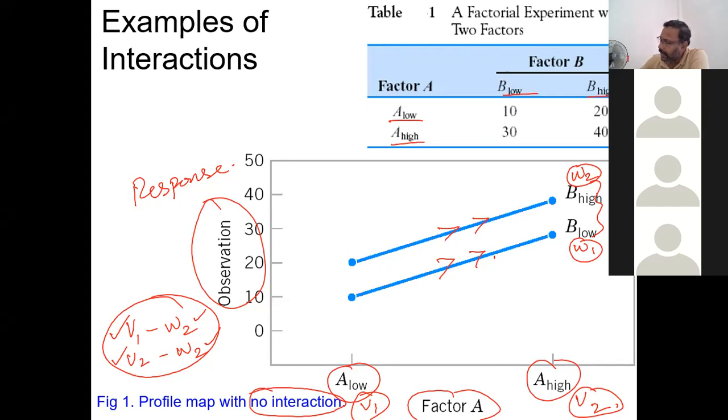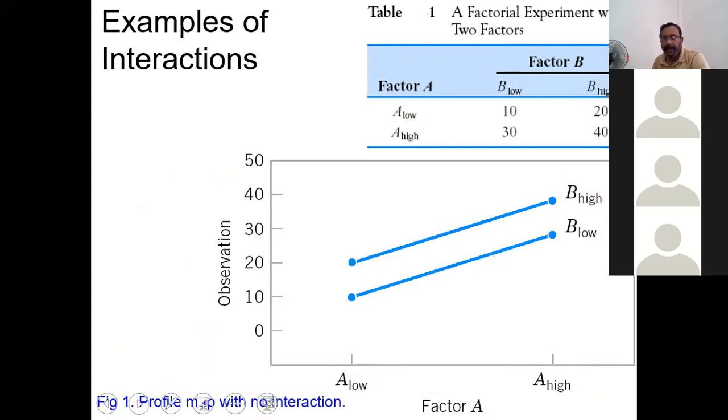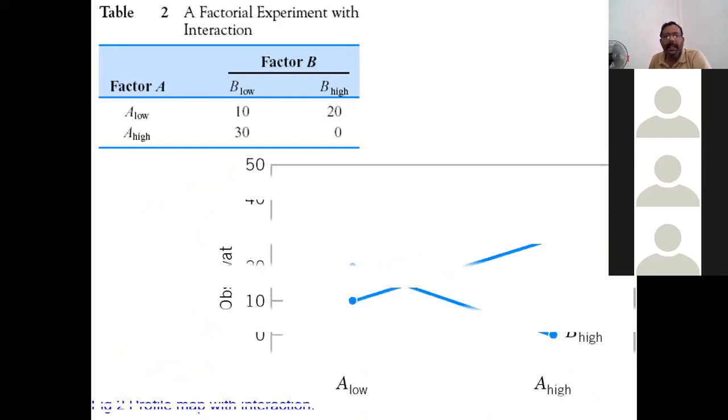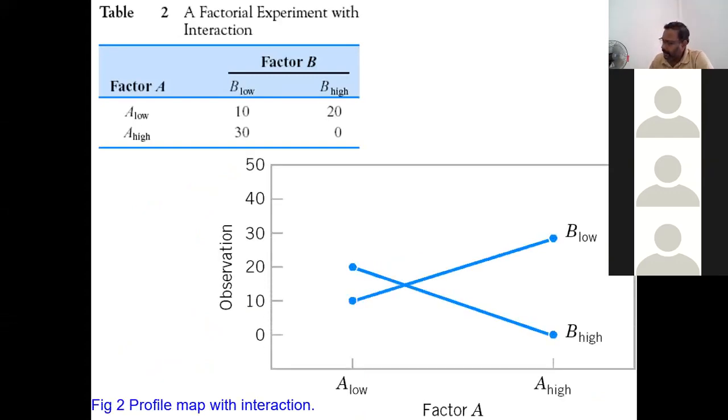Right, let's look at the second scenario. I have another example, the same condition. Now look at this. Again, we go for the same varieties, variety 1, variety 2. So below what we said, is it W1 or W2?